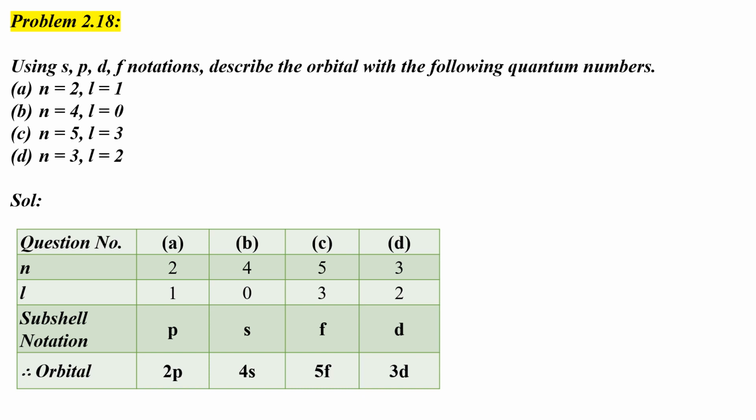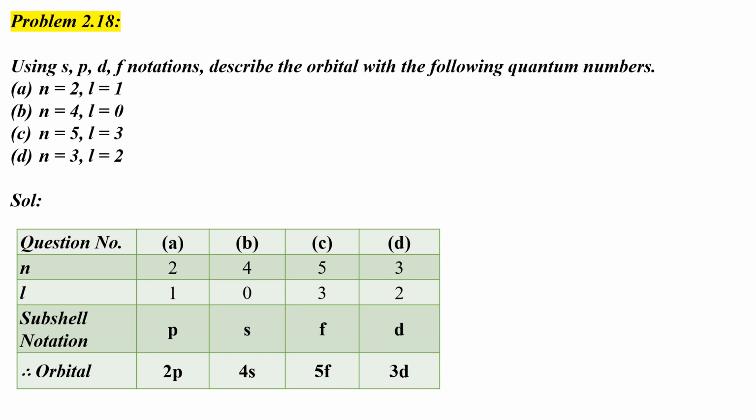Coming to the third case, C. Here n is 5 and l is 3. n equal to 5 stands for the fifth shell, and if the value of l is 3, it indicates the f subshell. So what is the subshell we are dealing with? It is the 5f subshell, and the orbital corresponding to it is the 5f orbital. This is the orbital described by n equal to 5 and l equal to 3.